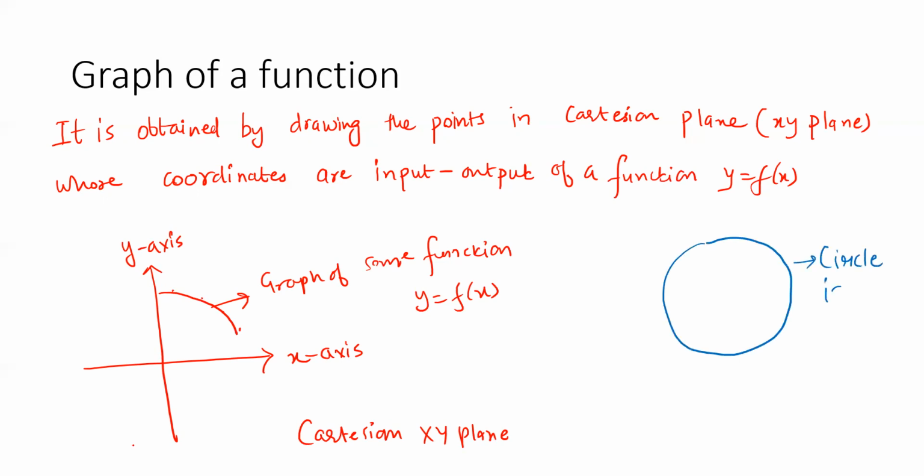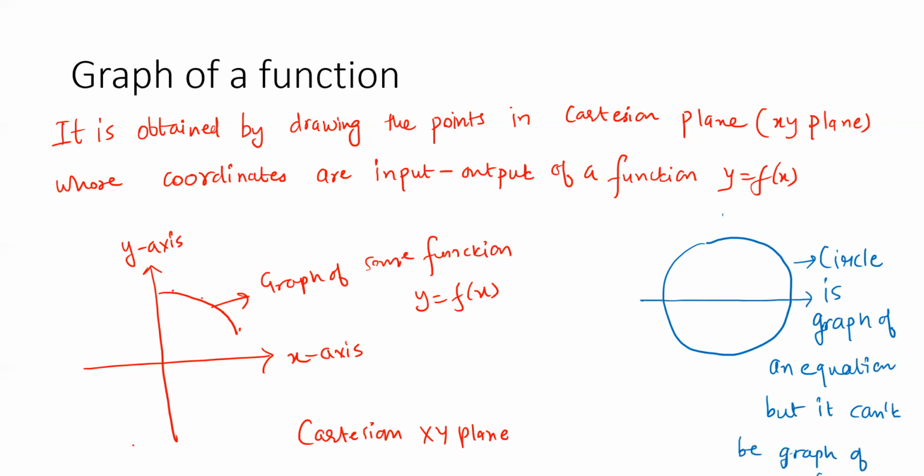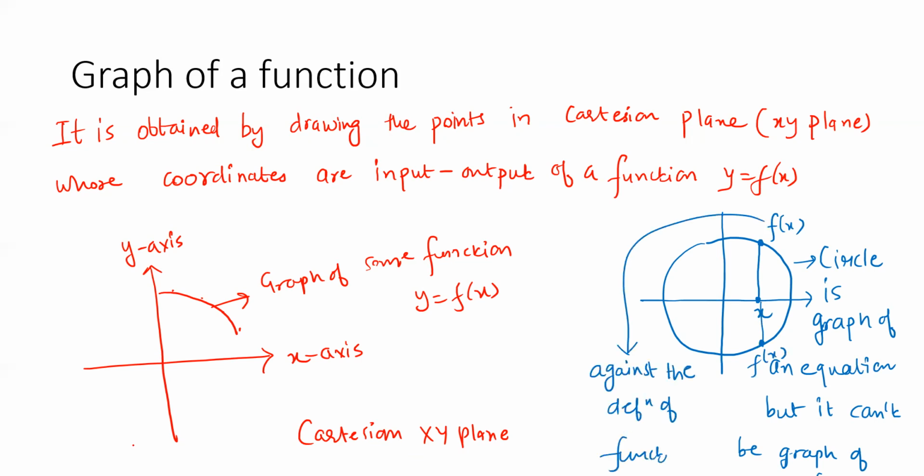This is a circle. So this is a graph of the equation of the circle. But it cannot be the graph of a function, because you see, for one single value of x, you can have two different f values, which is against the definition of a function. One value of x cannot be mapped to more than one value of f(x).